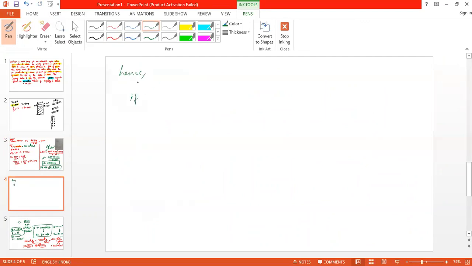And C is equal to D by d, that is equal to 12, that is equal to D by 2.5. Therefore, what is the diameter of the spring? 30 mm.